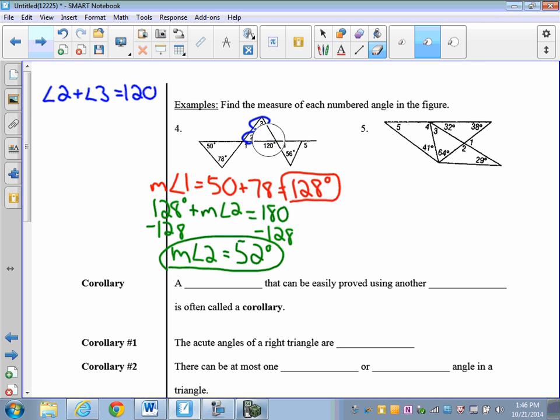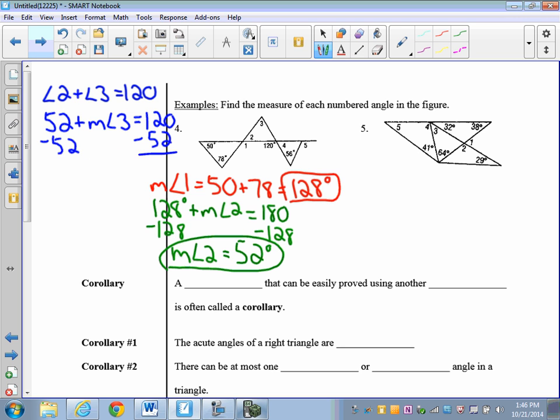If I erase it, it'll probably make more sense there. The remote interior angles, when I add them, equal 120. So I just figured out angle 2 was 52 plus the measure of angle 3 is equal to 120. When I subtract 52, I get the measure of angle 3 is equal to 68 degrees.